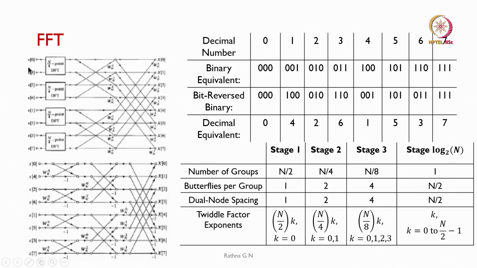If the input is in order, the output we said is in bit reversed format. If the input is bit reversed, then the output is going to be in order. So how are we going to access it?